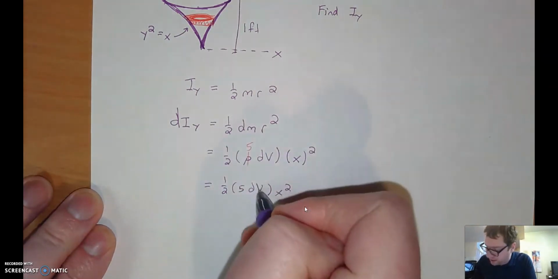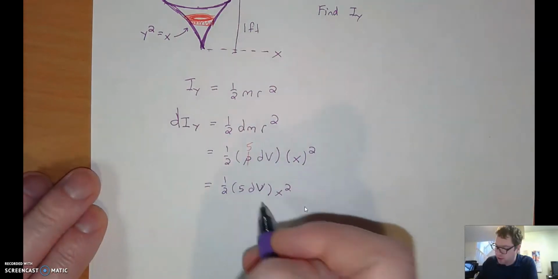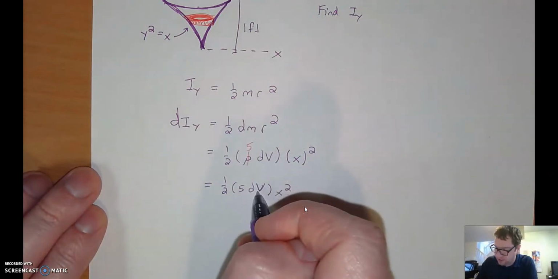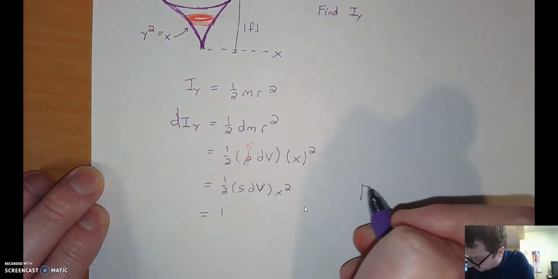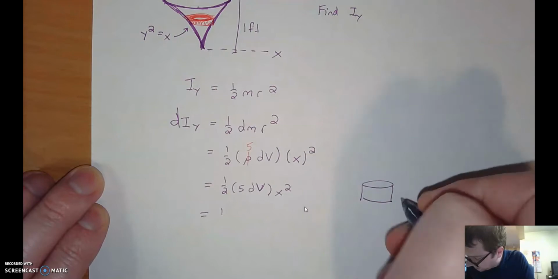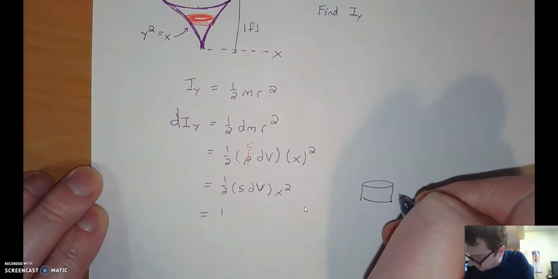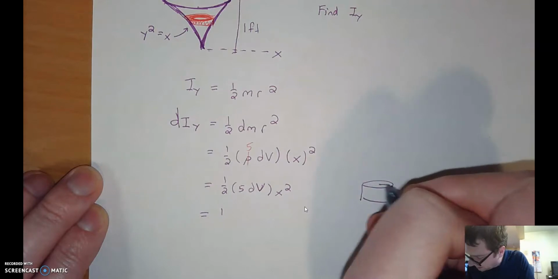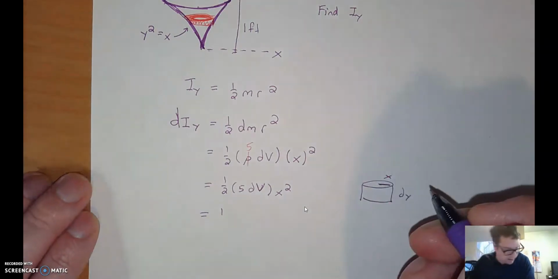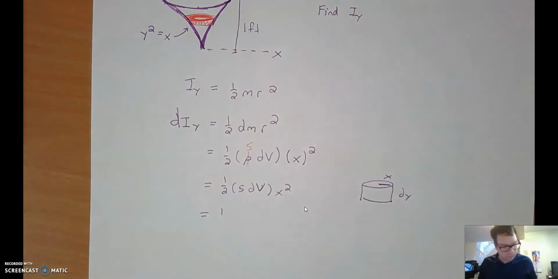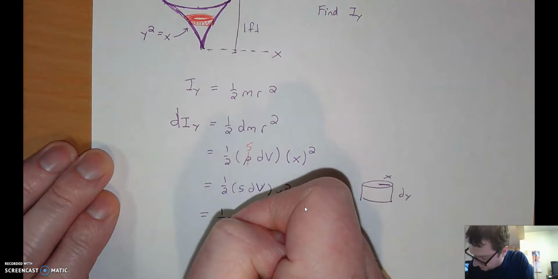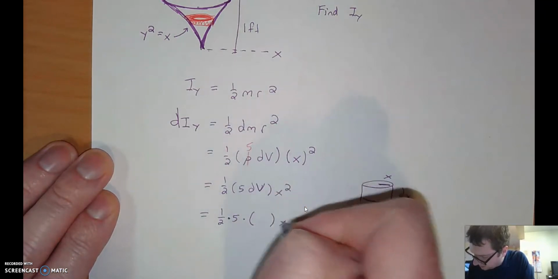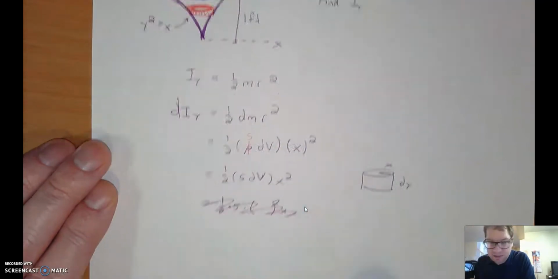So now we want to take this dV and break it apart. You can imagine that we now have disks, which are cylinders, and we just want the volume of a cylinder. So I'll just draw a cylinder over here. It'll have some height in the y, some dy. It'll have some radius in the x. So 1/2 times 5, let's skip that line, I messed that up.